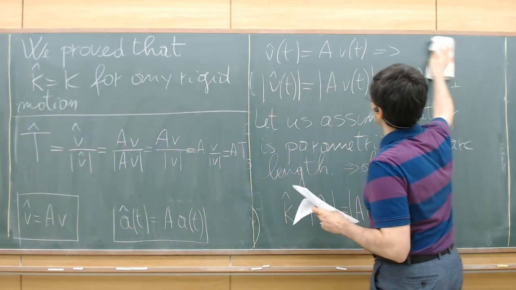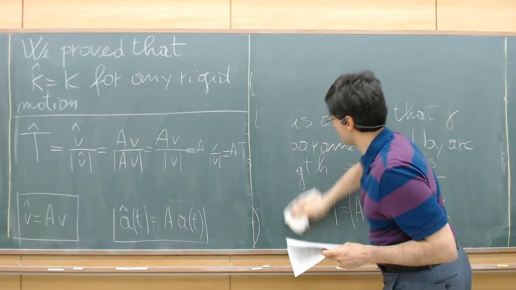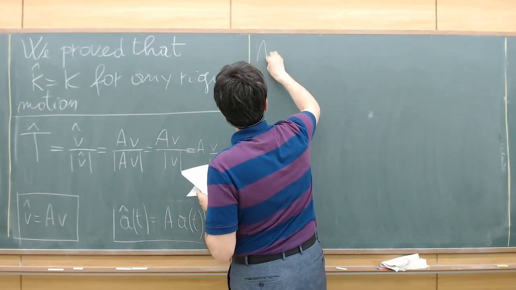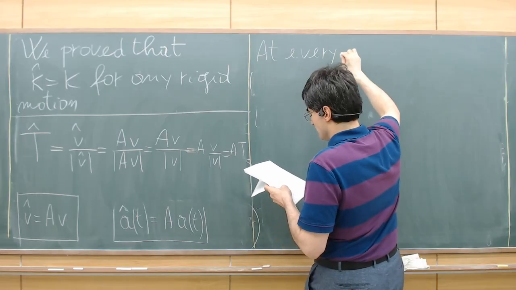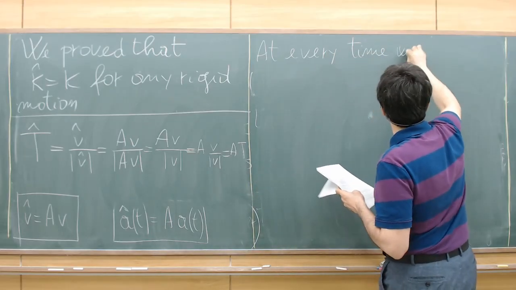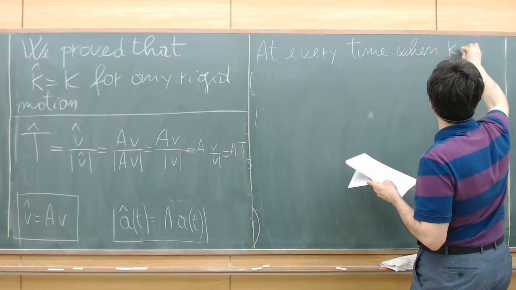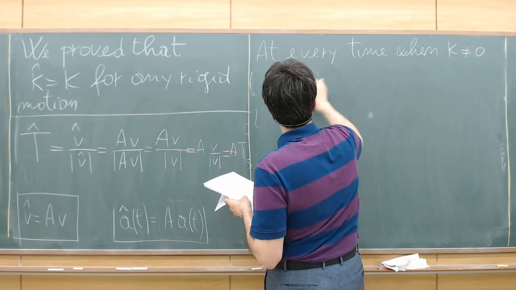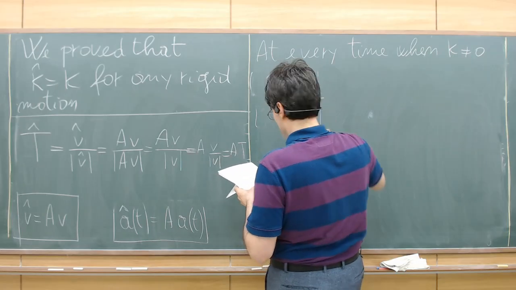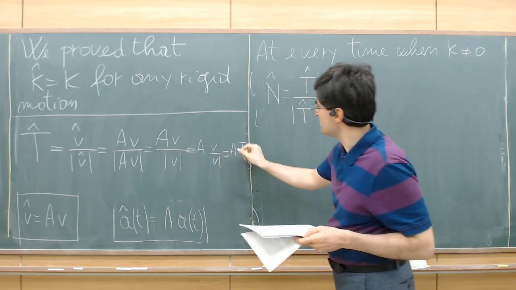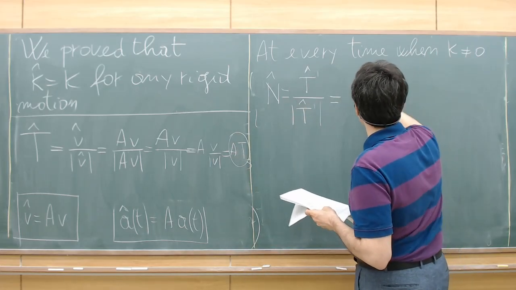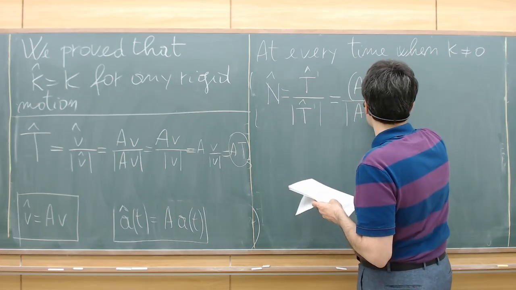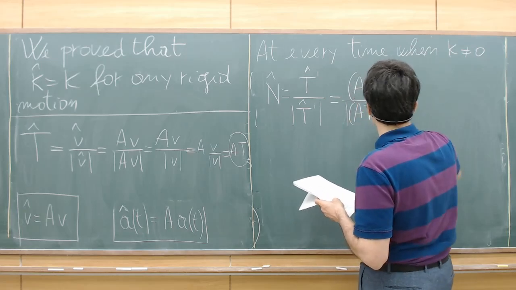Now we do the same thing with the unit normal vector. At every time when k is different from 0, we have that n hat by definition is t hat prime over the length of t hat prime, but t hat is equal to At, so I have At prime divided by the length of At prime.